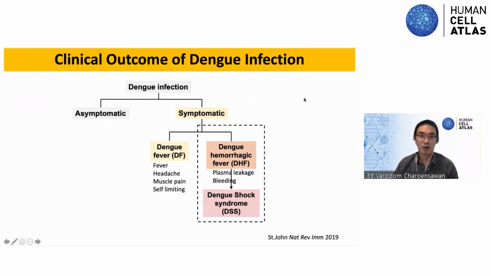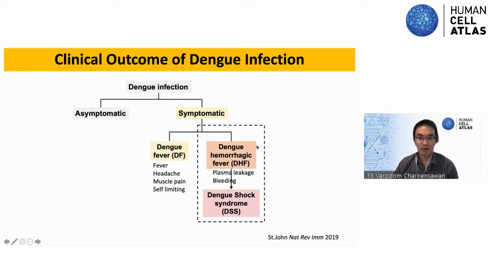A little bit more about dengue infections. Perhaps similar to other viral infections, including COVID-19, most people affected don't show symptoms. However, for the symptomatic cases, for dengue, we have a mild version called dengue fever, or DF. In these cases, you have fever, headache, and viral-like symptoms and so on.